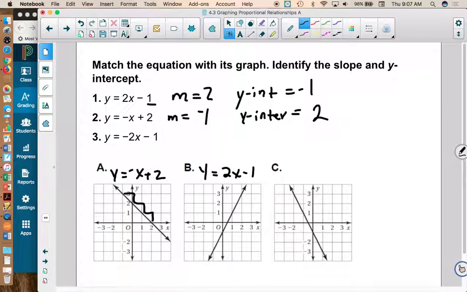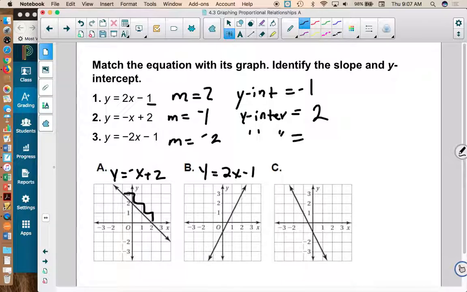Okay? Does number 3, is it C? I'm not going to just assume that they're correct. I'm going to go back and look at it again. m equals negative 2. What's the y-intercept in number 3, going by the equation? Chase? What is the y-intercept in the equation for number 3? Negative 1.